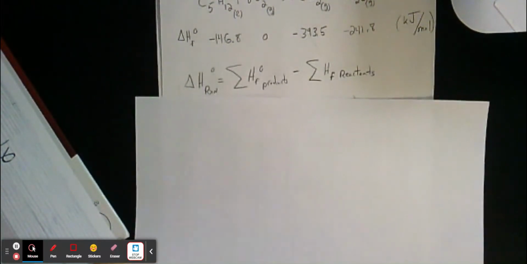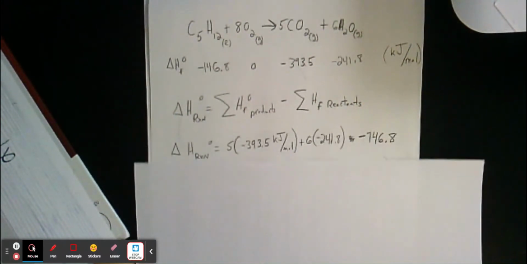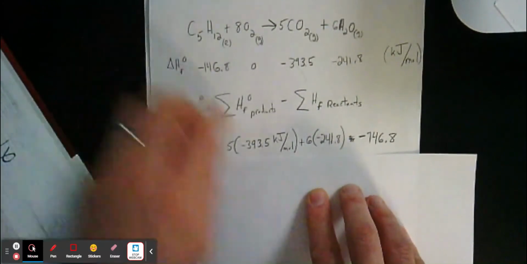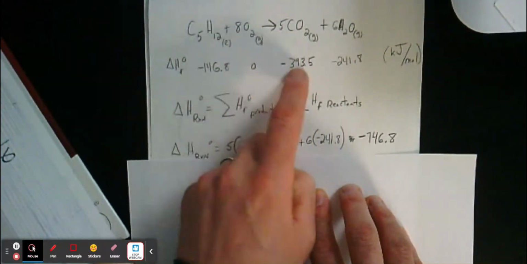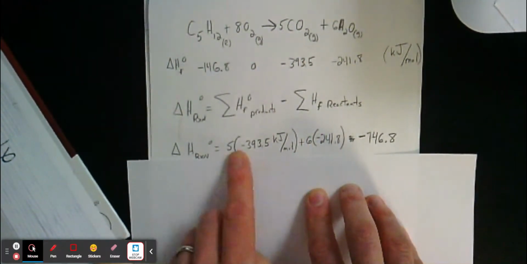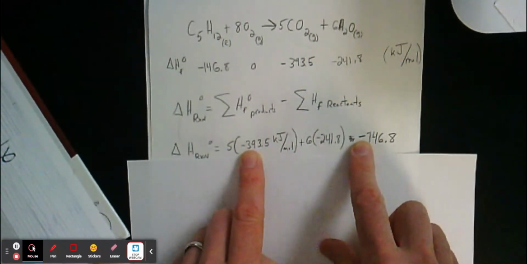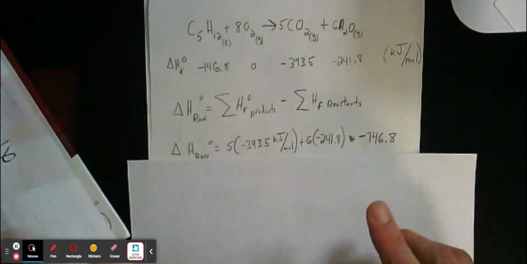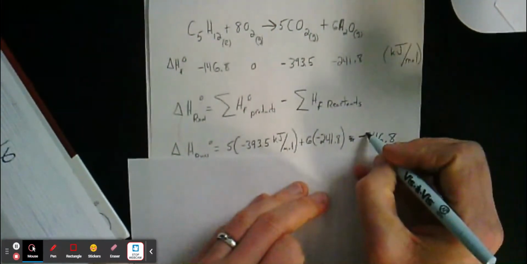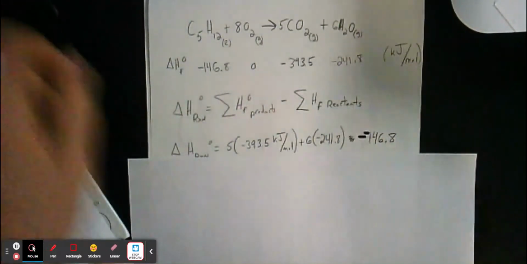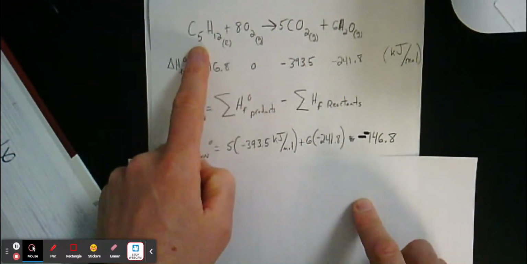Here's my formula. All right. And then I'm going to write out this long equation. I'm going to multiply 5 times this. It's going to be 5 times that. All right. 6 times that. And then I'm going to subtract that, because that's my reactant.